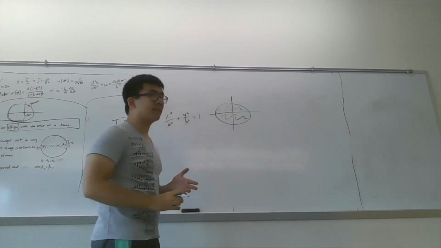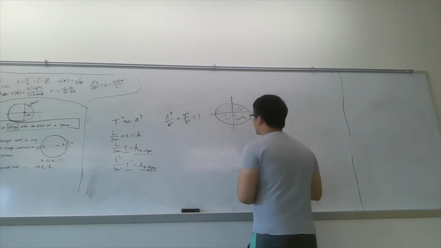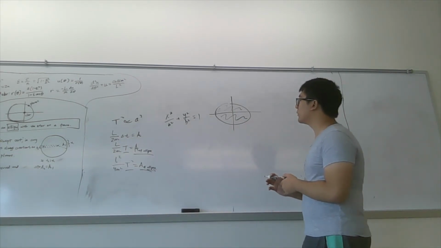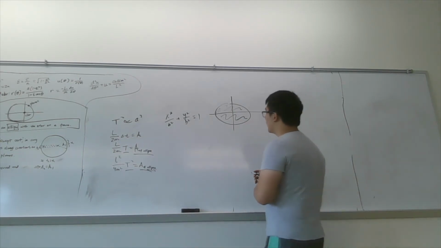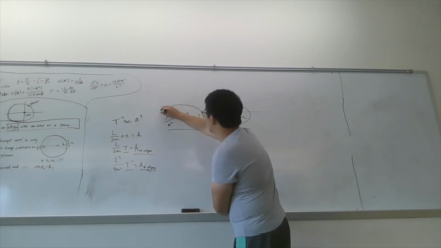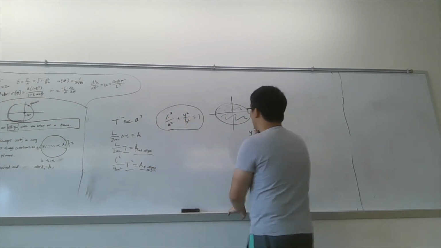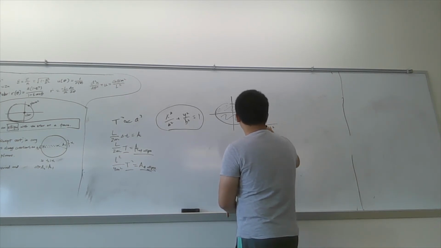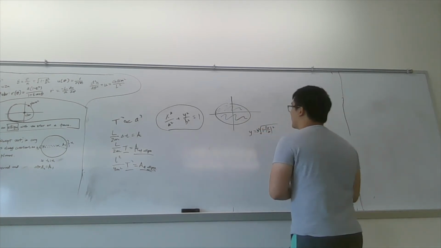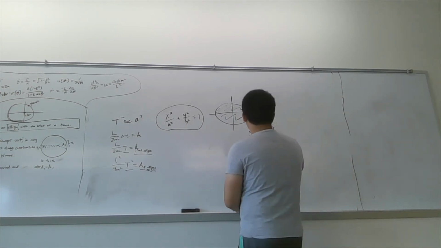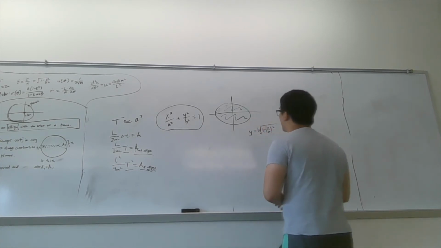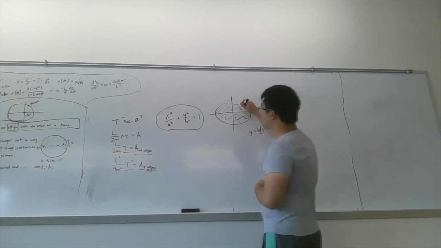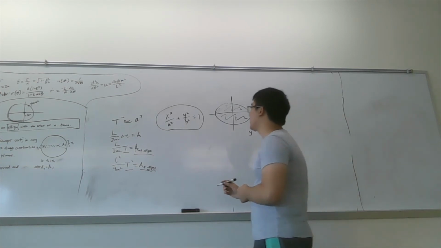In order to find the area of the ellipse, if we rewrite this equation in terms of y as a function, we will get this.